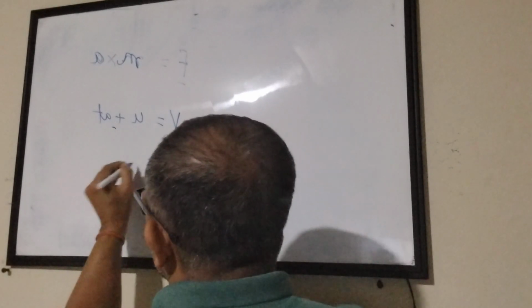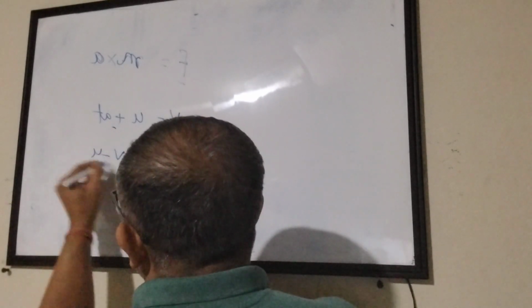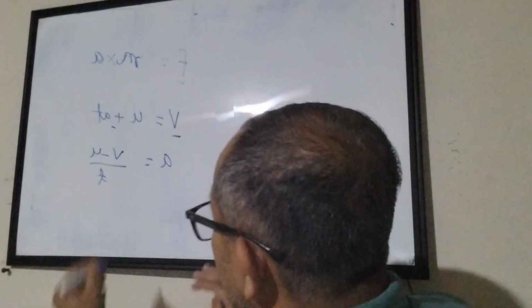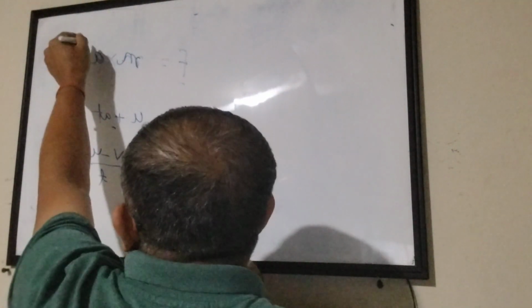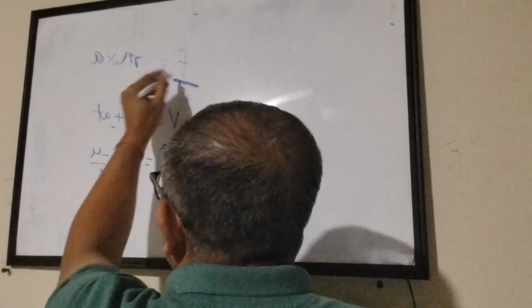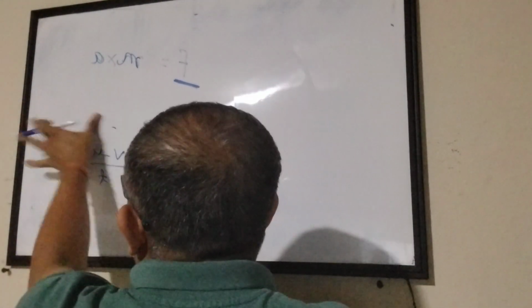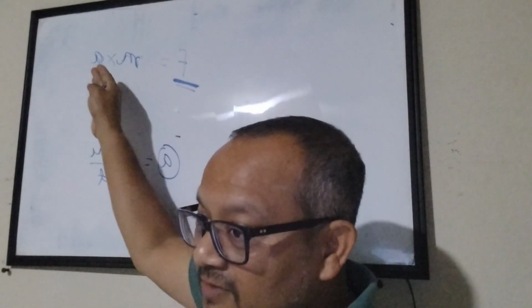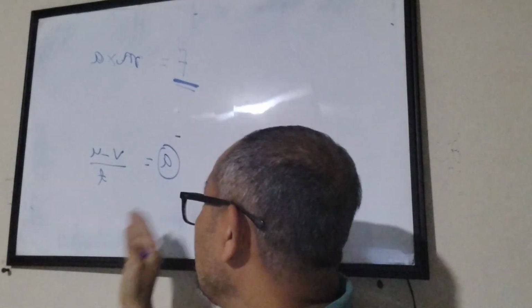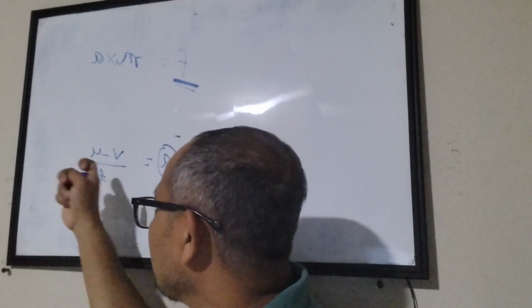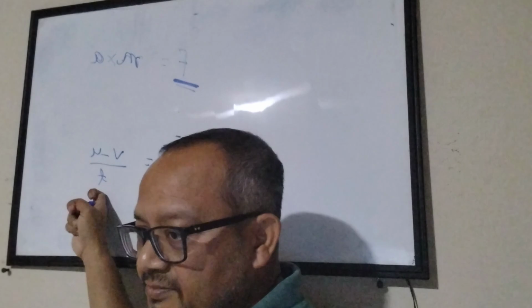So from this you can say A equals (V minus U) by T. So you have two things here. Now if I put this value of A here, so you have two functions given. This is one function, where force equals this, an example of a function. This is the second function, where acceleration equals new velocity minus original velocity divided by time.